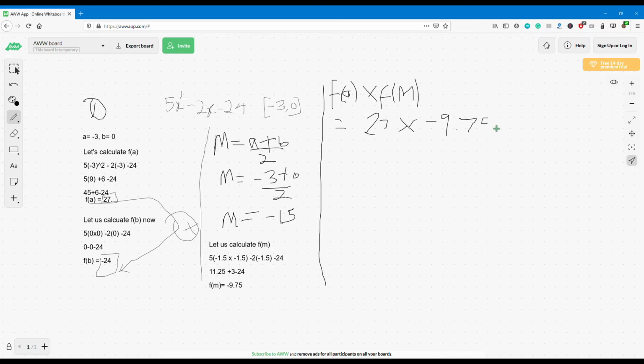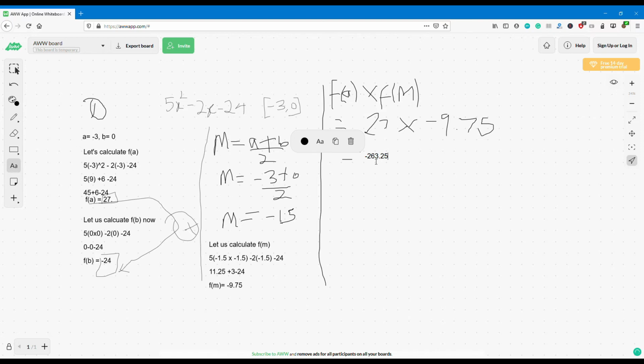Straight away we can see that the solution here is a negative number, but let's just write it. 27 times minus 9.75. That is minus 263.25.